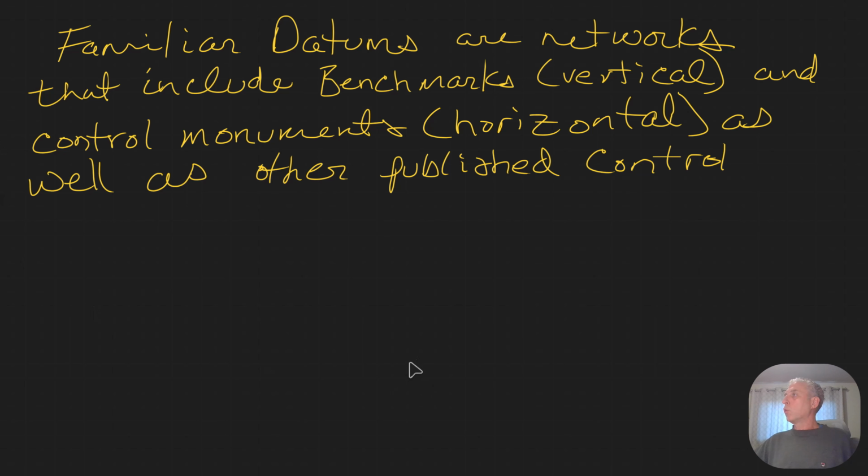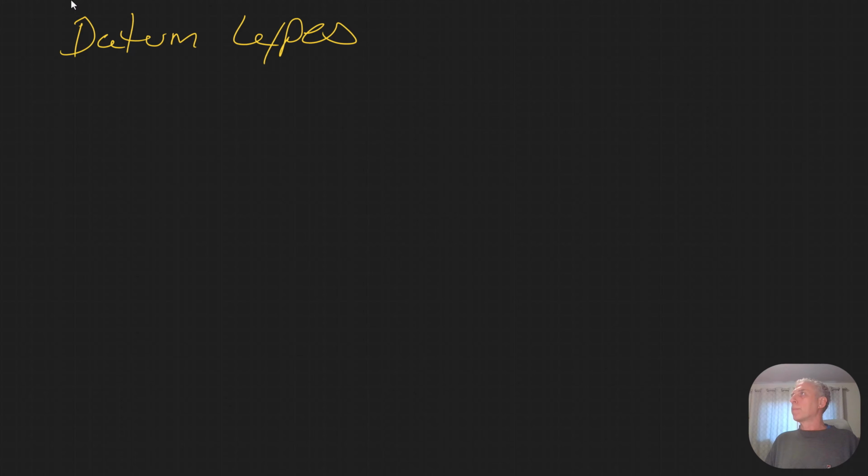And so we're going to explore, essentially, there's three types of datums. Datum types. And essentially there's three, like I said. There's horizontal datums.